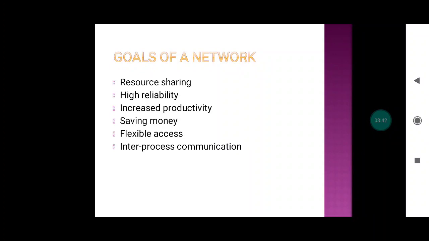We do not have to go to the place actually, and we can transmit the information by using the network itself. Then flexible access. If we are linked together with multiple devices and we have followed the different protocols, then we have the flexibility of accessing the information from multiple devices. Then inter-process communication.